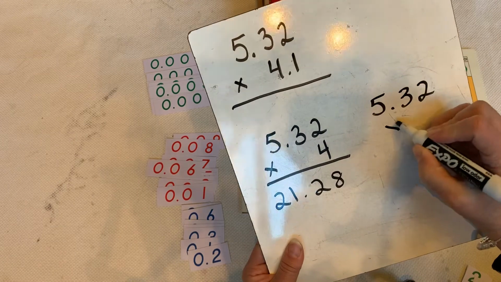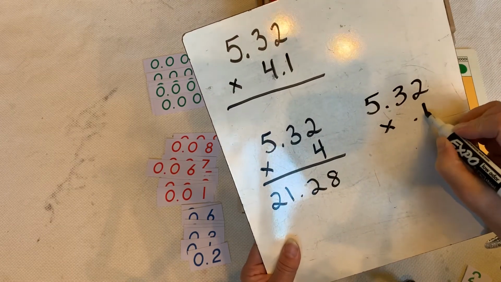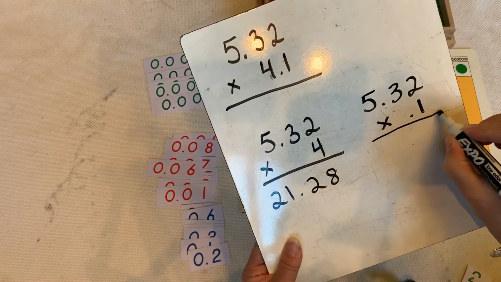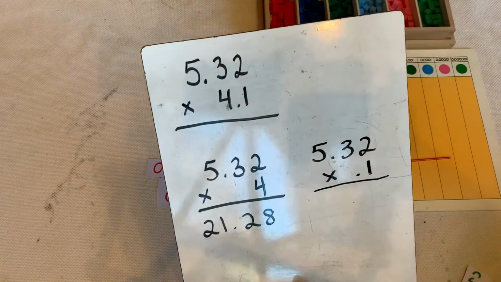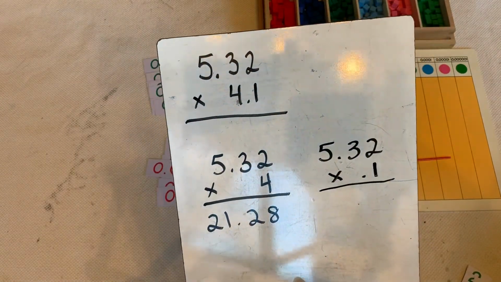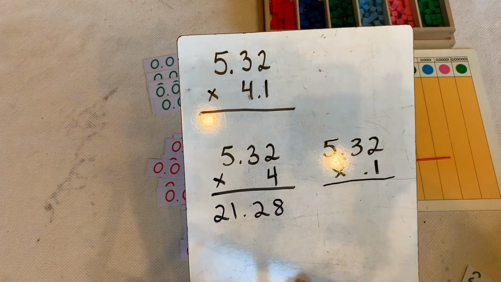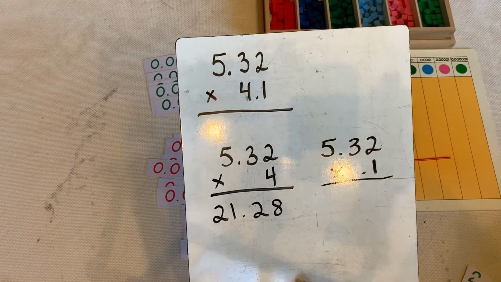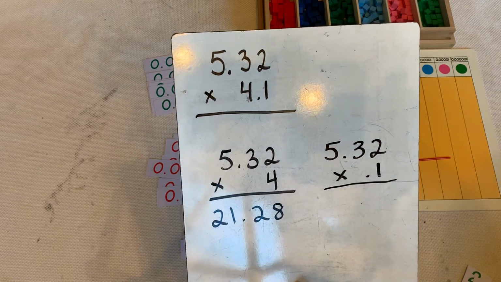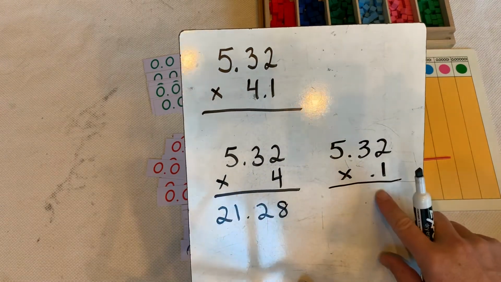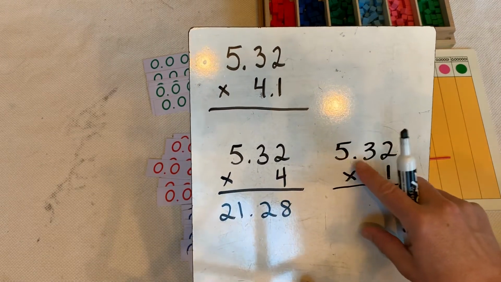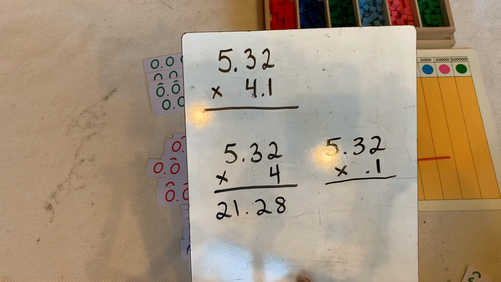You're multiplying 5.32 times 1/10th. Remember when we learned about multiplying by whole numbers, we're really saying of. So what is 1/10 of 5 and 32 hundredths?